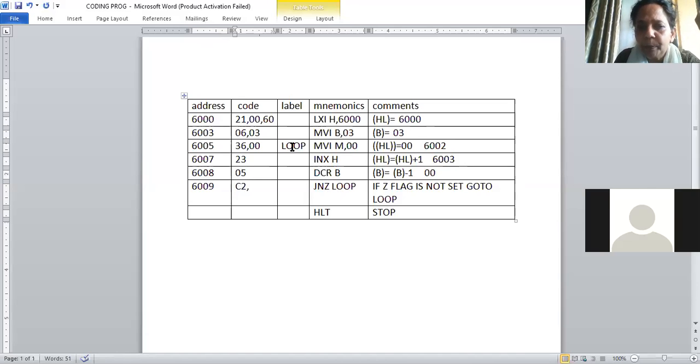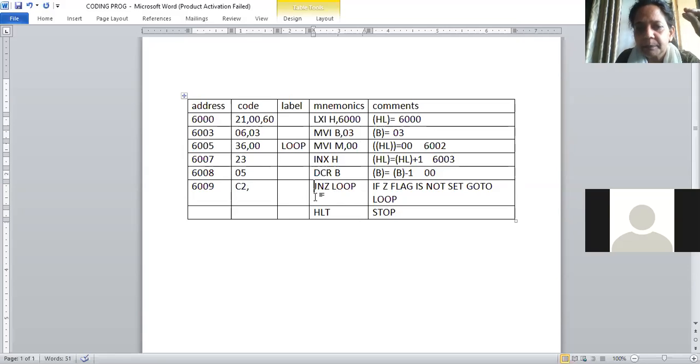The loop label, if you see, is at which address? 6005. The loop label was given to which instruction? MVI M 00, and that instruction is at address 6005. That means I am asking it to go to 6005. Jump if not 0 to 6005.